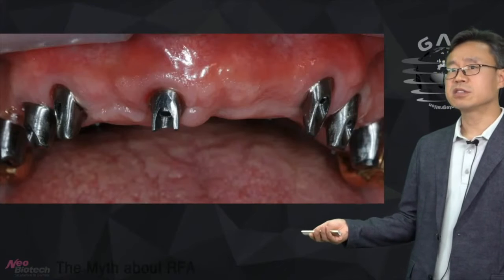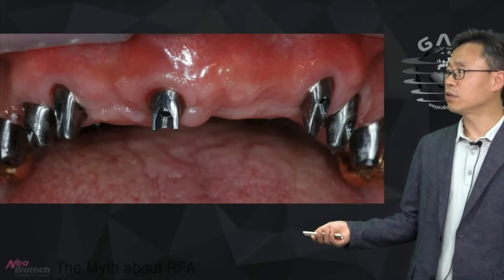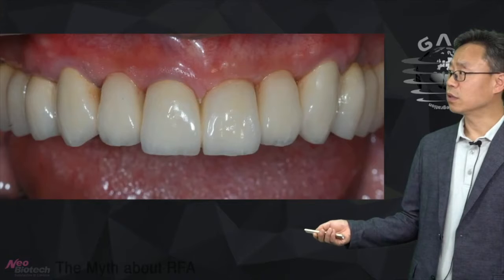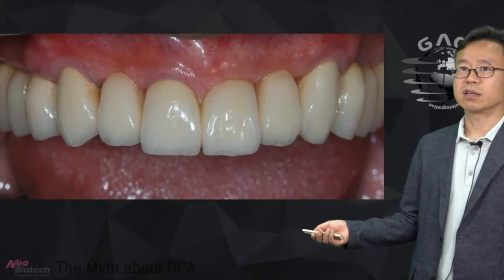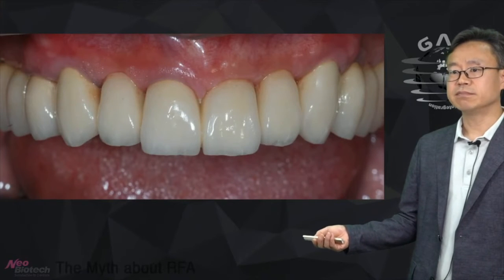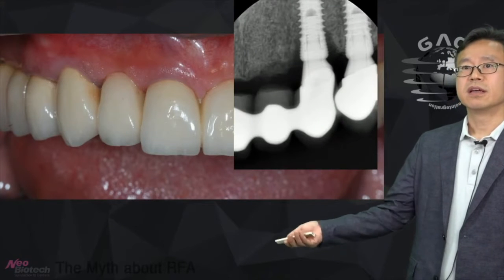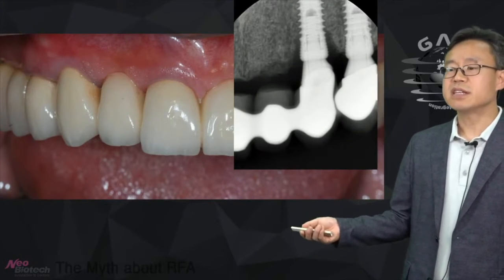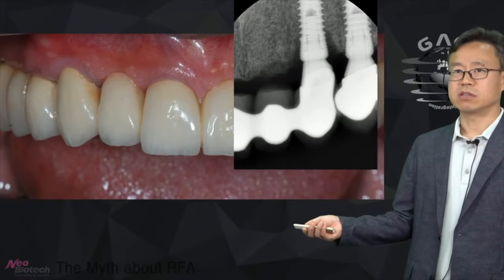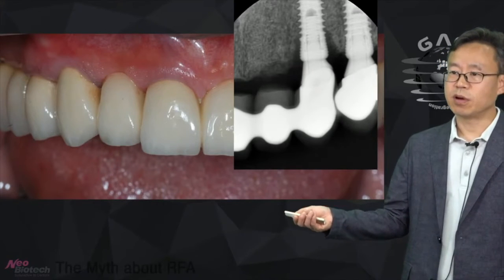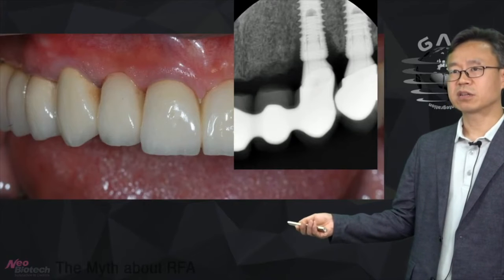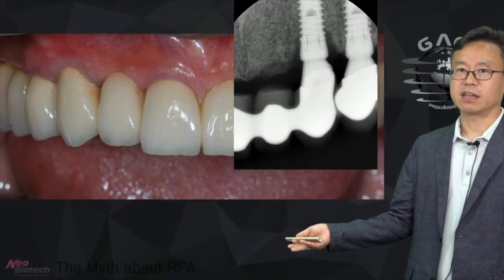And titanium custom abutments seated in the mouth and finished with final porcelain work. Patient liked it, and I did too. But this is the X-ray after about 4 years. You can see some bone loss starting from the crestal area down.